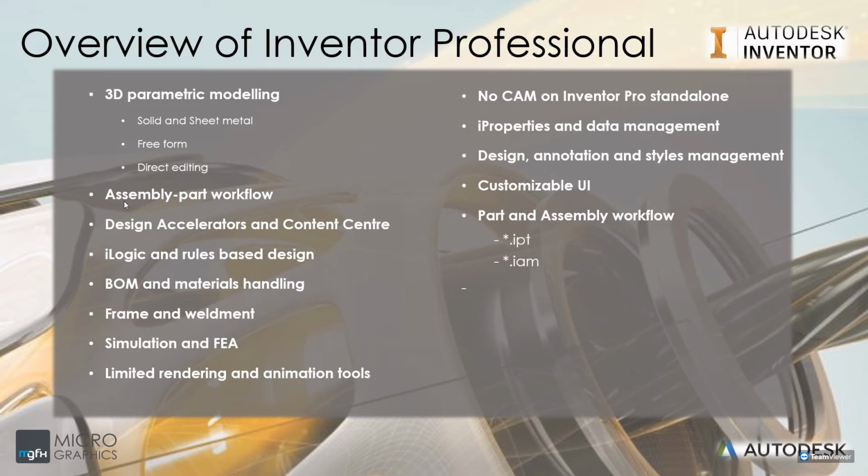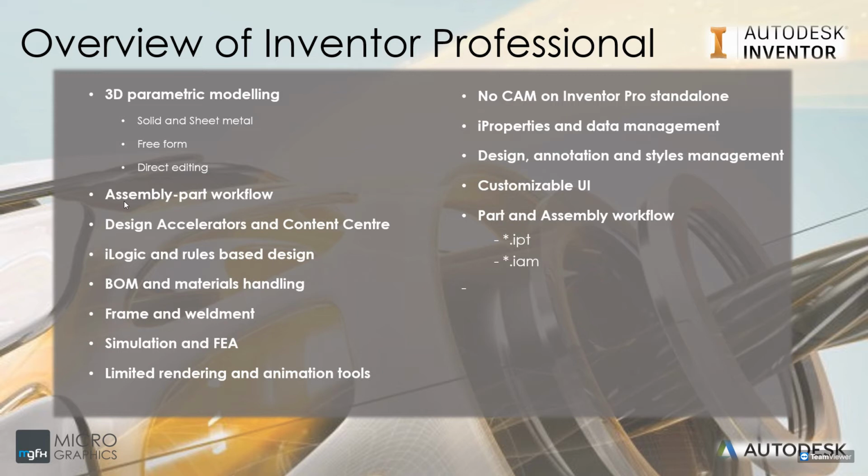The simulation and FEA capabilities, just like Fusion 360, we do have there. And we also have in the environments tab, we have limited rendering and animation tools. But again, they trade blows between Fusion 360 and Inventor.